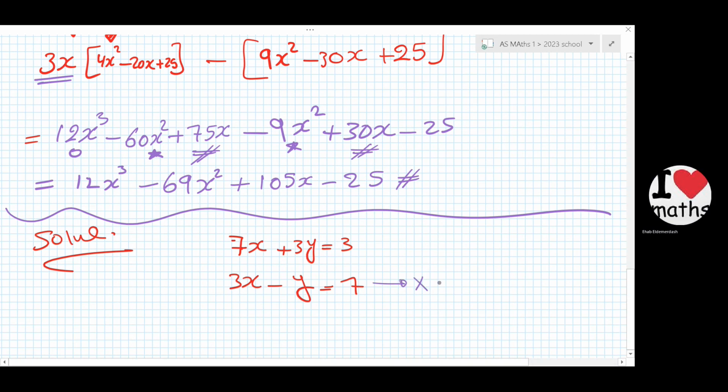The top one I won't do anything to, right? I multiply it by 1, or I have to keep it as it is.